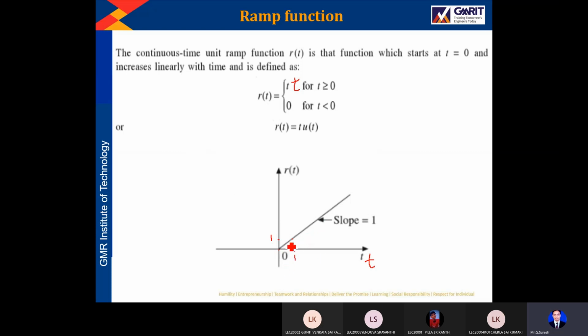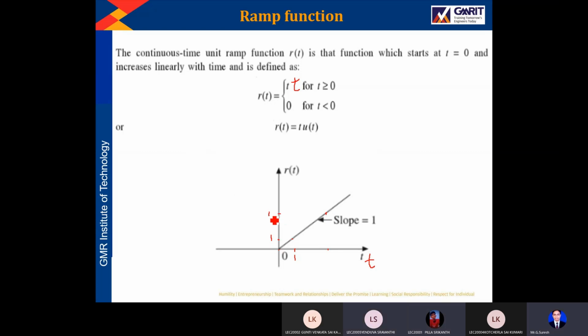So it becomes a linear curve like this, a ramp signal, whose slope is equal to 1. That's why this particular signal is called a ramp signal or a ramp function. Is it clear? So at t equal to 5, what is the amplitude of the ramp signal? 5.